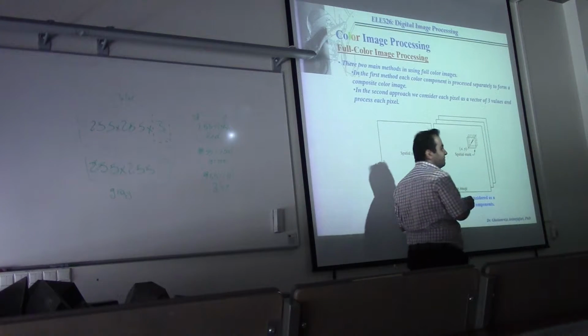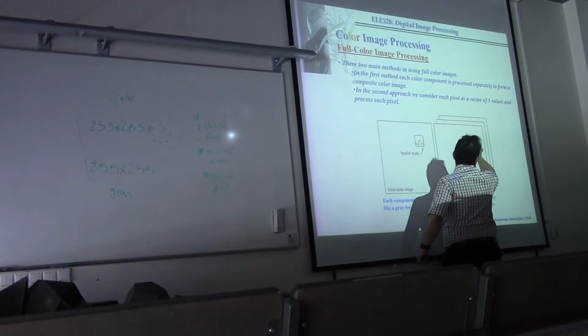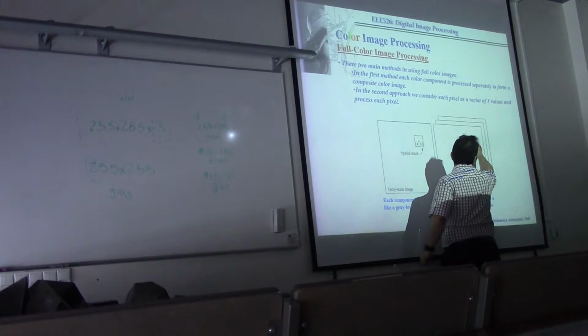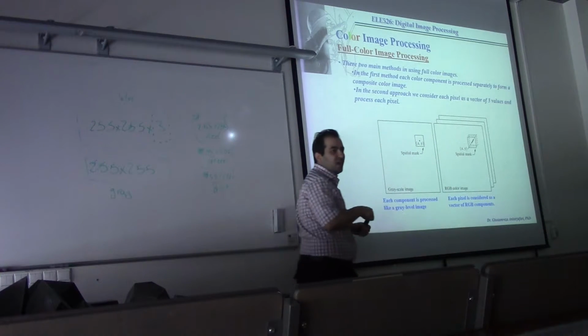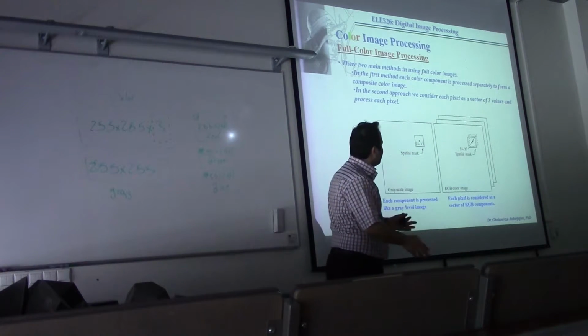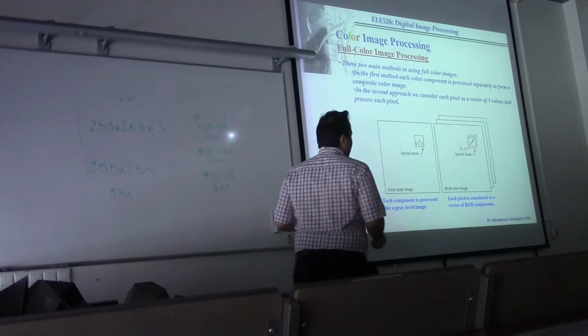Or you can consider the value of the RGB as a vector. Here you can see, for example, this is the value of the R, this is the value of the G, this is the value of the B as a vector, and after that apply the filter or mask on the RGB color image.